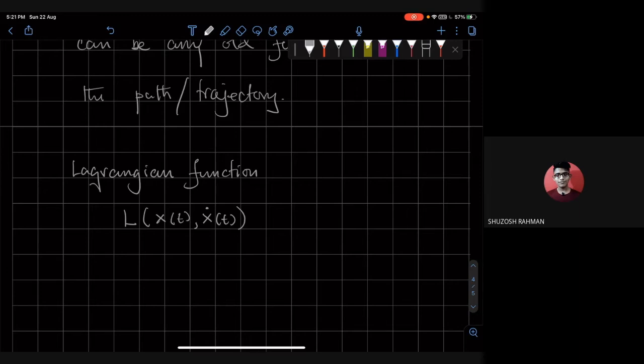Generically, this Lagrangian function has a very particular form. It has a kinetic term, which is half m x dot squared, and minus a potential energy term. And usually we take the potential energy term to be independent of x dot. Okay, so it's a weird combination. It's not the total energy. It's the difference between the kinetic energy and the potential energy. Okay, so this is called the Lagrangian function.